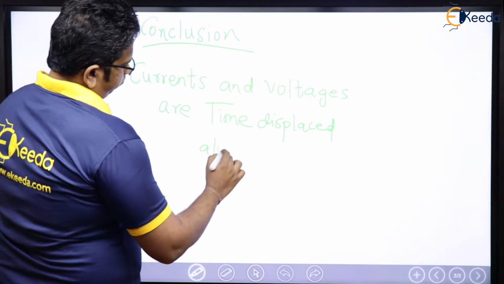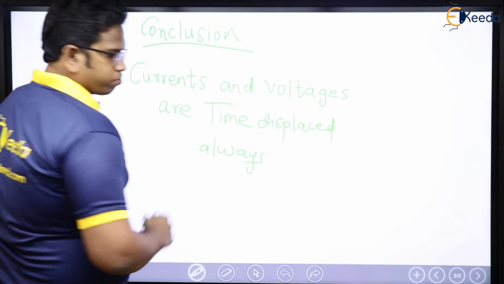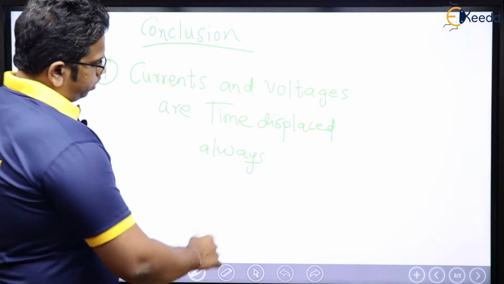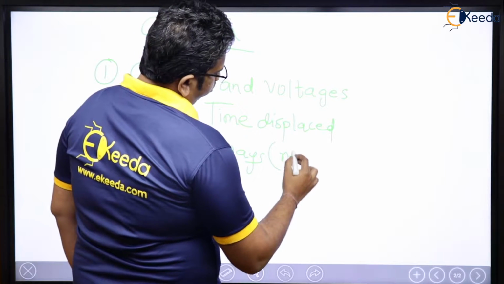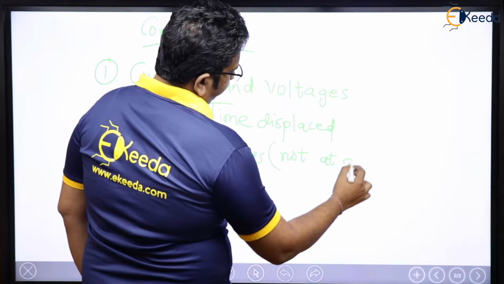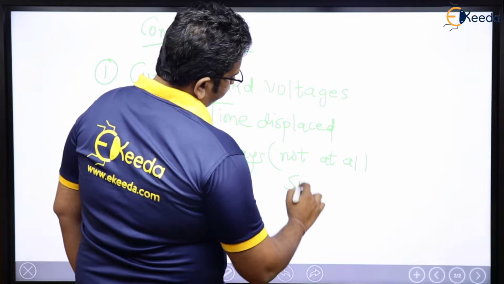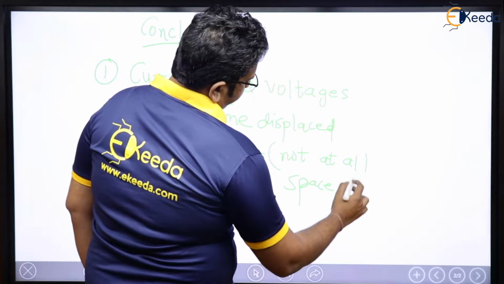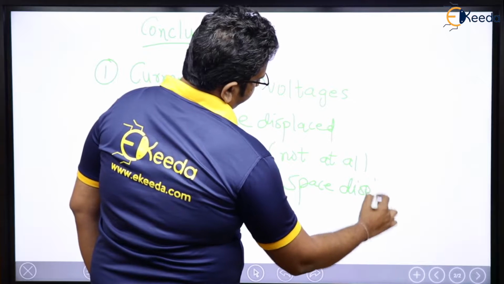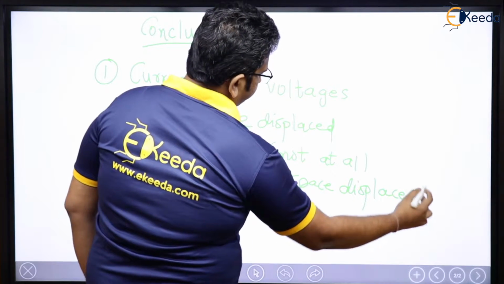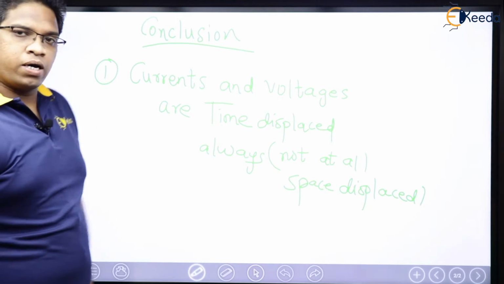Always. And in bracket we have to write that not at all space displaced. In any condition they are not space displaced. Am I correct on this?